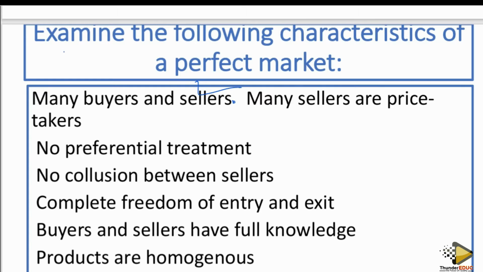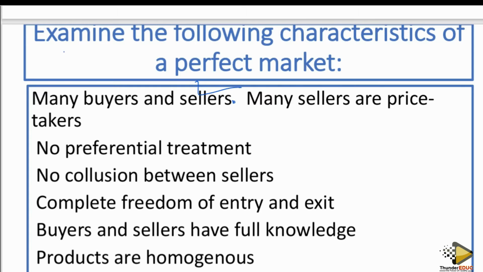Also under this perfect market, we have an example such as agriculture or farming. Farming is one of the examples of the perfect market, even though it's not 100% perfect, but it has a large number of producers and also a large number of people in need of the produce by the farmers.